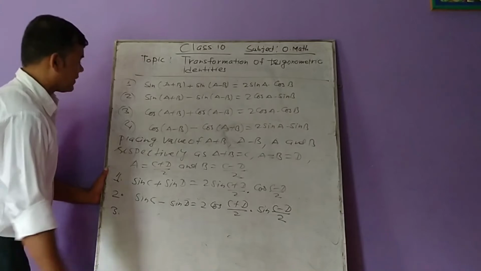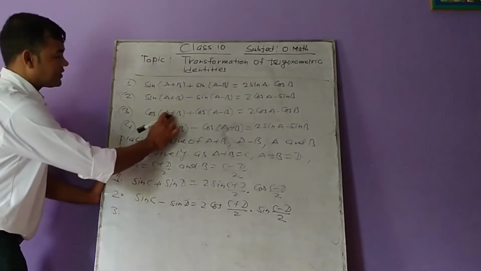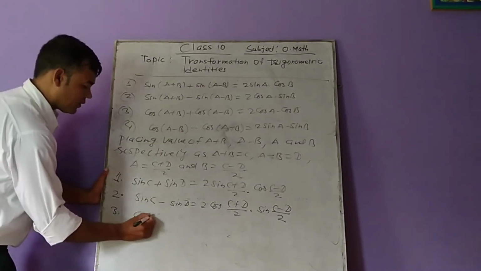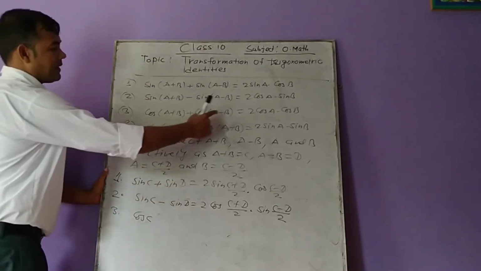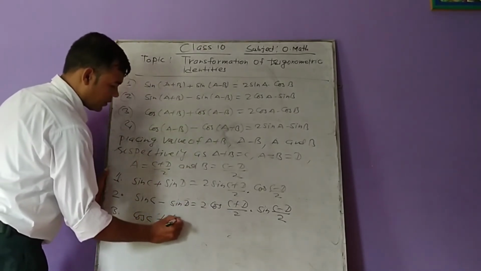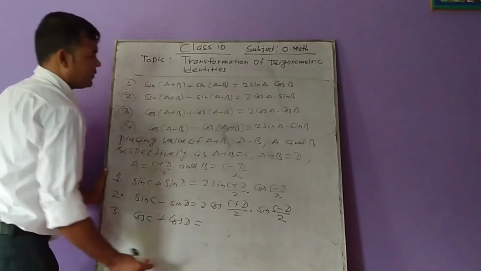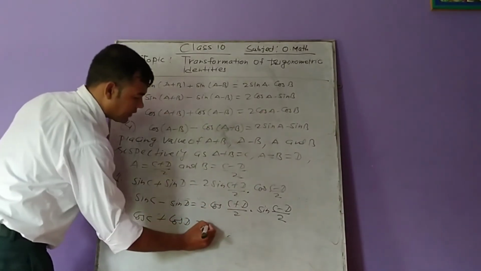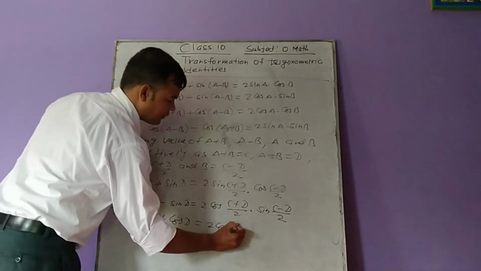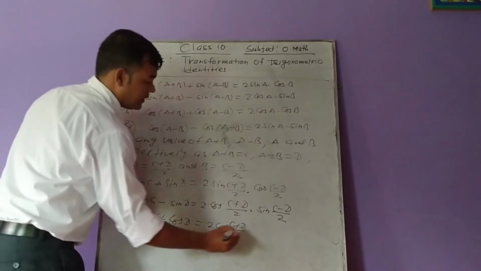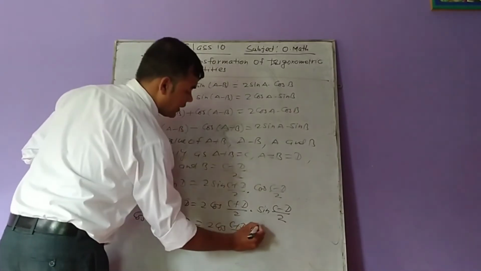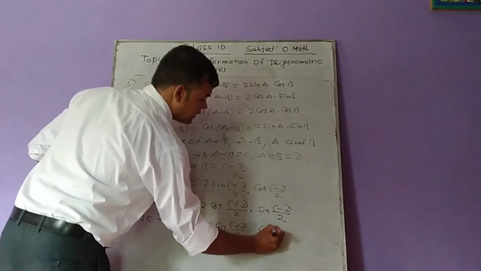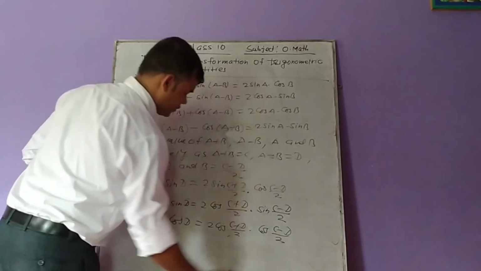As relation number 3, cos(A+B) means cos C, and cos(A−B) means cos D, is equal to, in place of A you write 2 cos((C+D)/2) into, in place of B you write cos((C−D)/2).